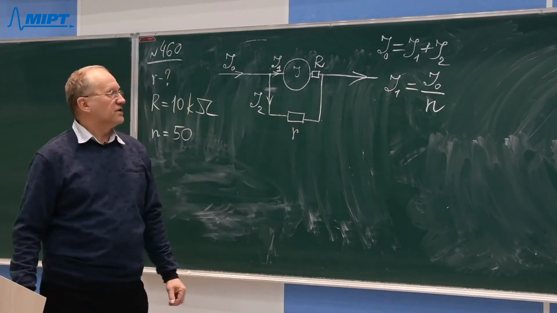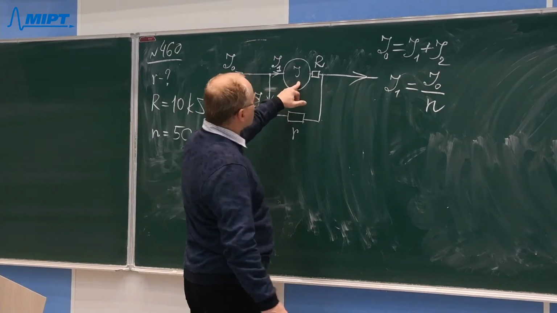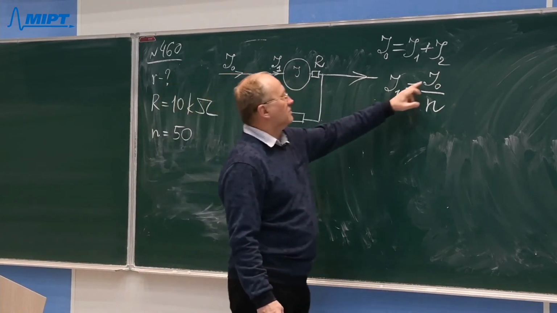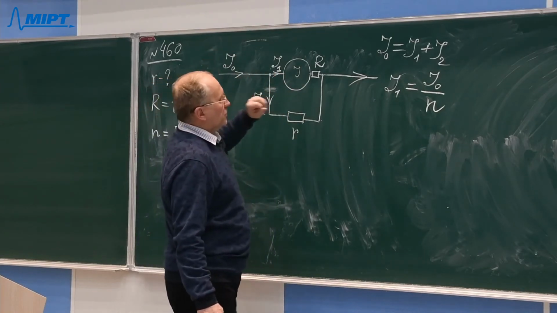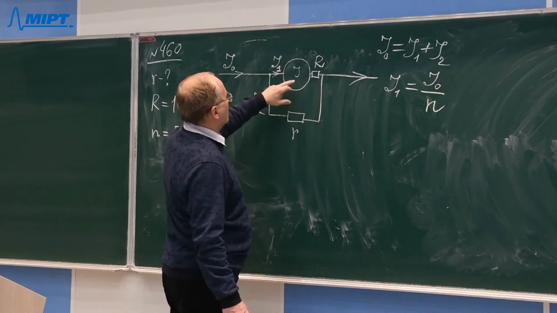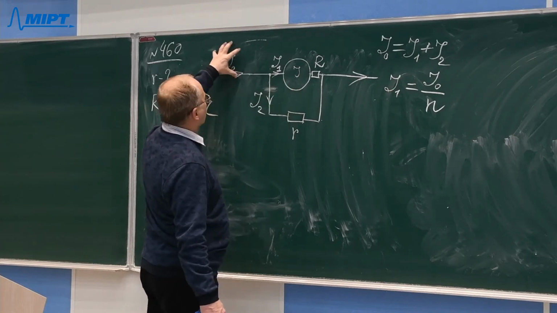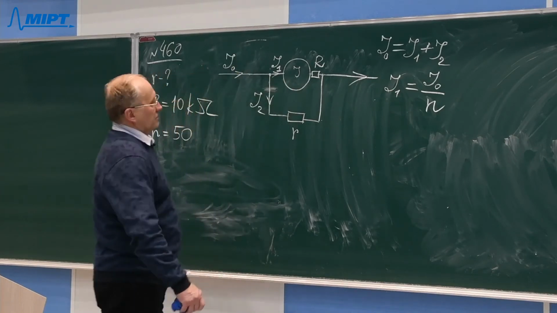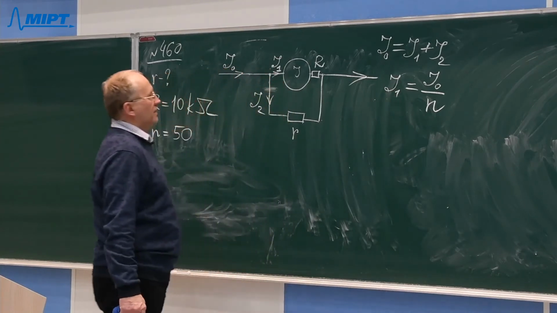It will have a reduced reading under the same input current which is coming here. In this situation, when we have shunted the galvanometer, the maximum allowed current which will be measured will be 50 times or n times larger than without the shunt.